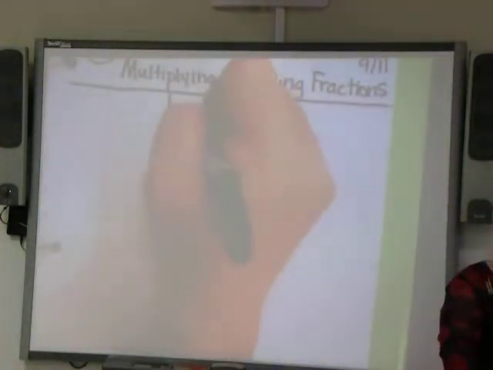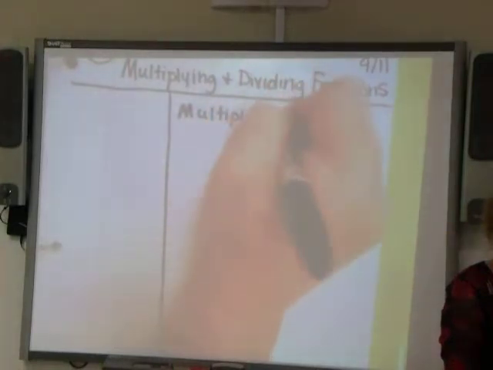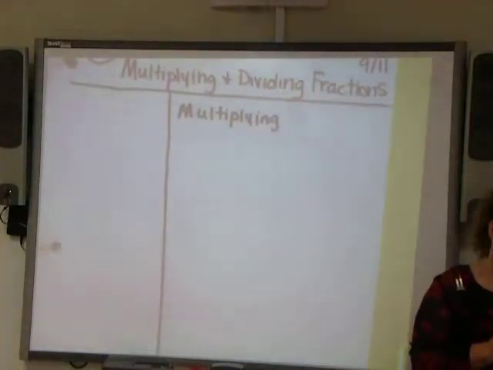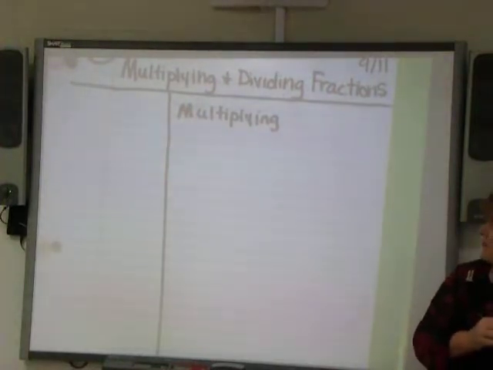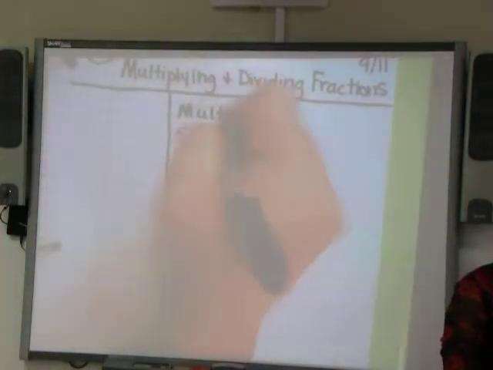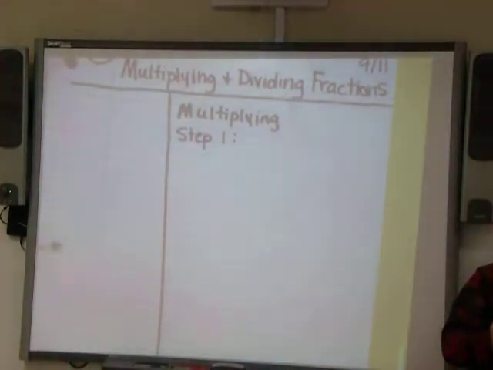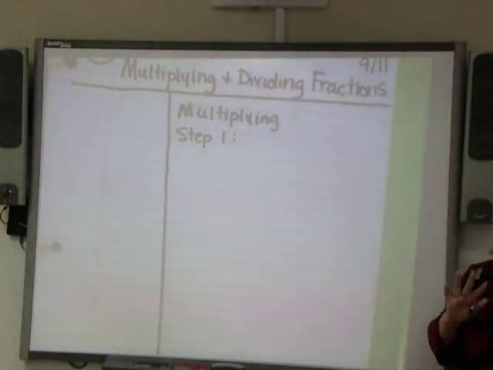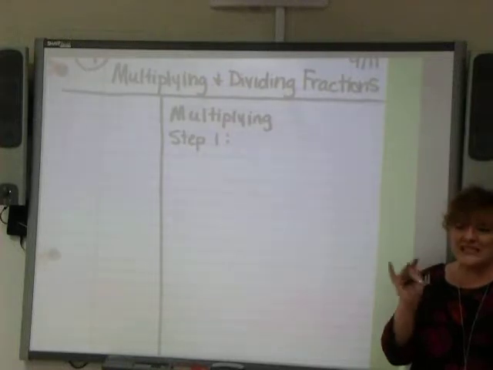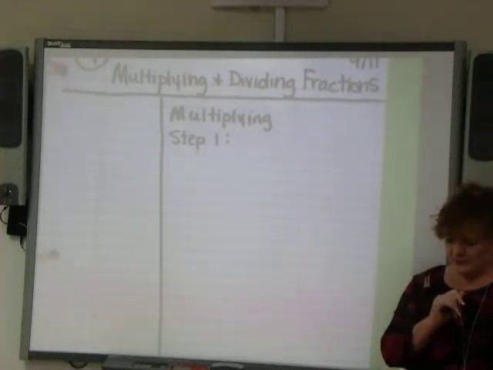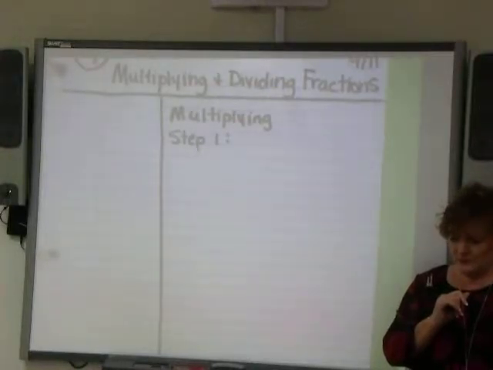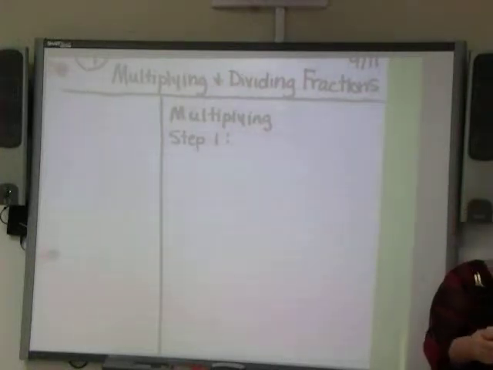So we're going to put here that we're multiplying. Step 1. Now because today we just have fractions, there are no mixed numbers. Then the first step is to multiply across top.